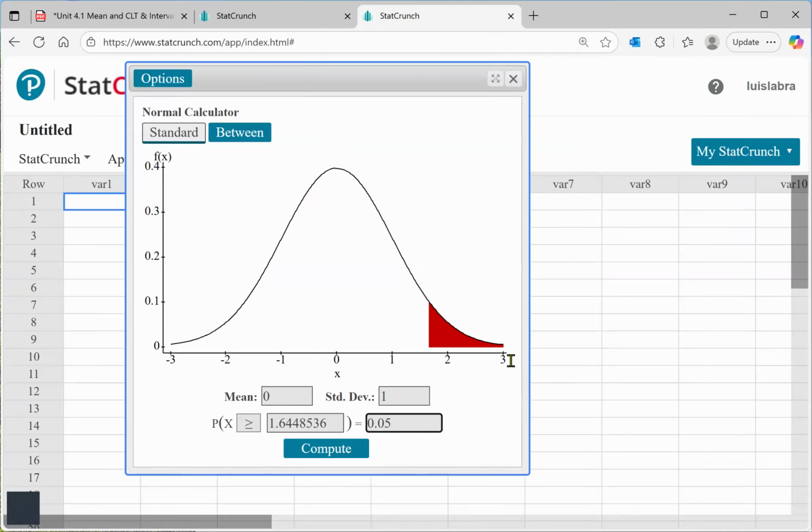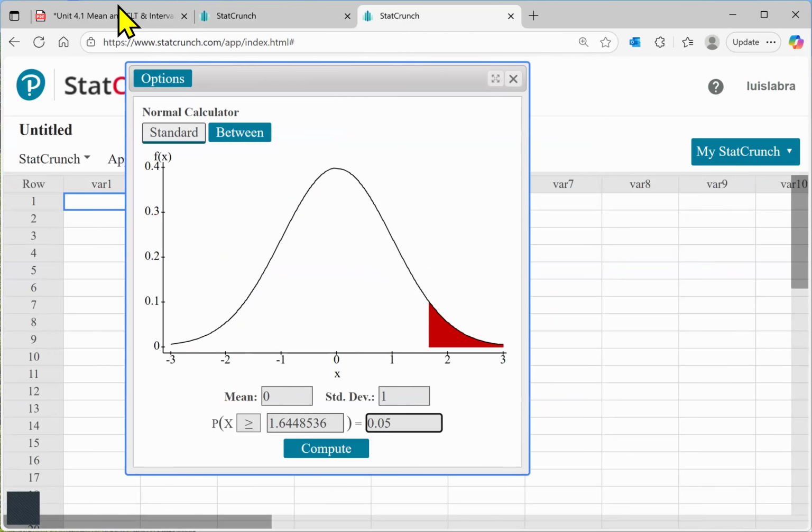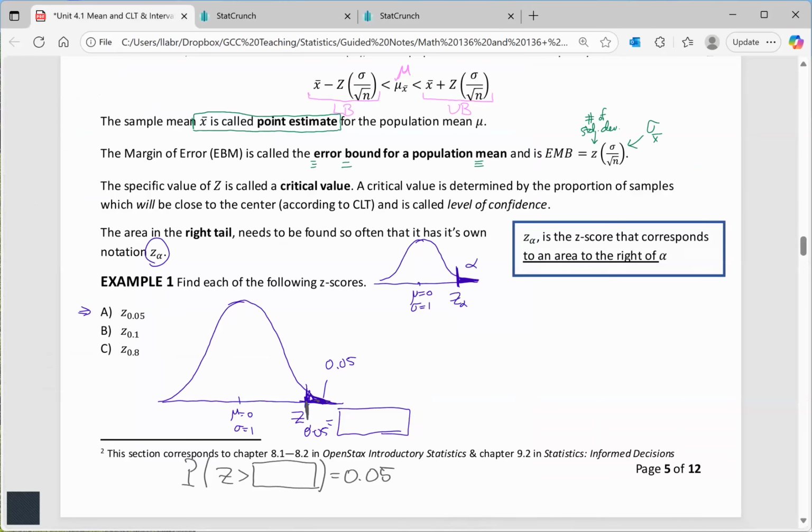I press enter and just notice that the graphic that I see in my applet matches the graphic that I sketched. So there's agreement here. Anyway, that value is 1.645. And there we have it.